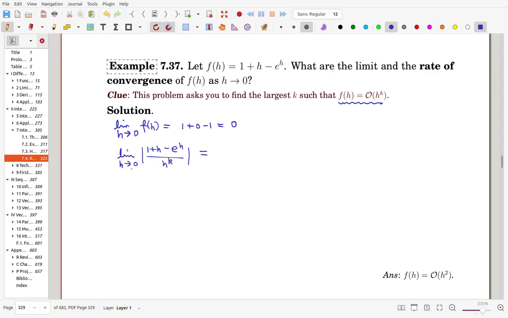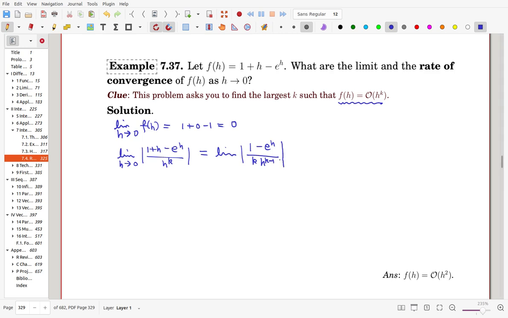Once h approaches 0, the top and bottom approach 0. We already know that. So by using L'Hopital's rule, that is 1 minus e to the h over k times h to the k minus 1.